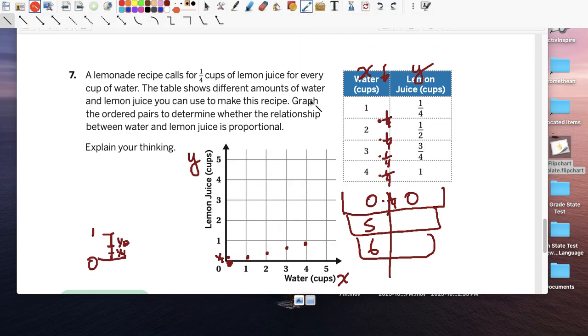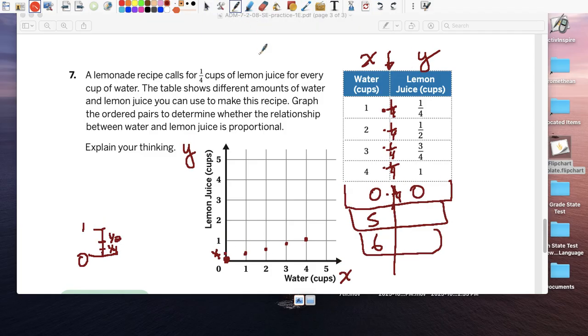we can. Well, then we come to the point of this and ask ourselves, should I connect the dots or not? Well, I guess we can, in the context of this story, because what if I use half a cup of water?